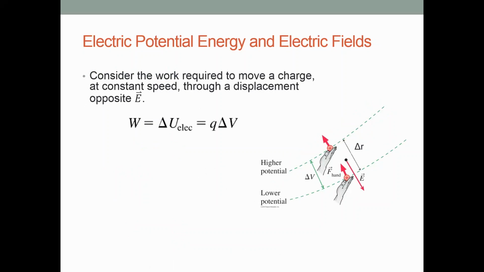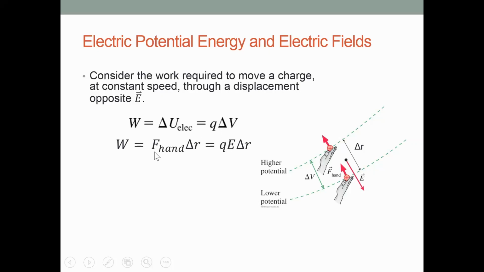Now let's consider the work it takes to move a charge at a constant speed some distance delta r against an electric field. So the work is going to be the change in energy, and the energy is equal to the charge times the change in potential.